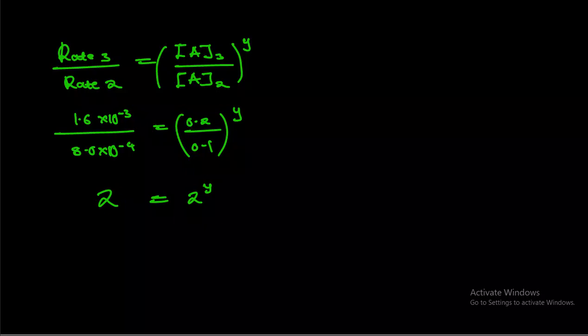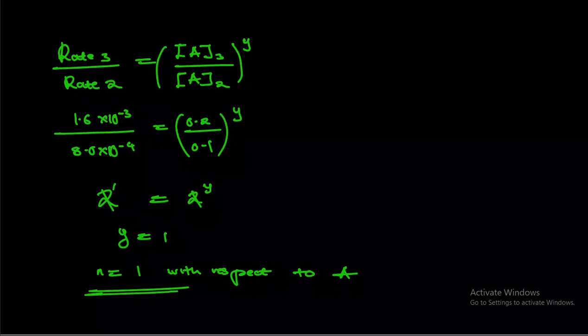You can even see that this is the same as 2 to the power 1, so we can just cancel this, we equate the powers. That means the rate order is 1 with respect to reactant A. That's how simply you answer question 1. In other questions, they can ask you to find the overall order.